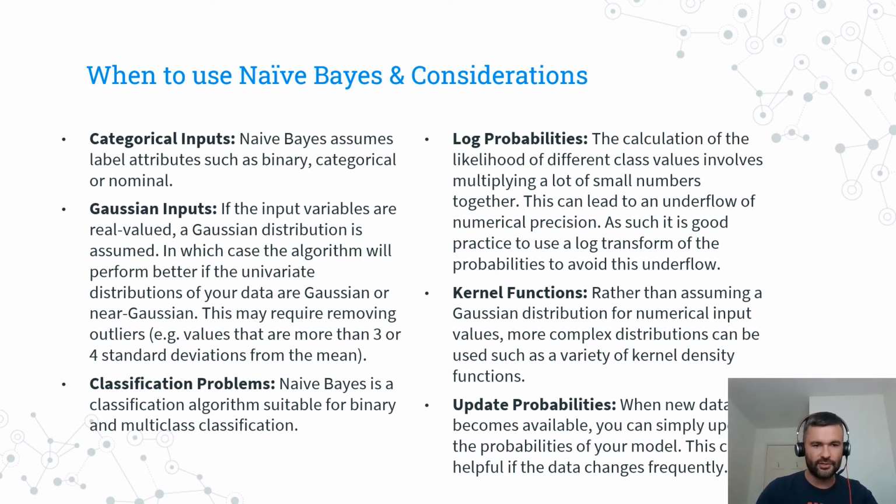The kernel functions: more complex distributions, including various kernel density functions, can be utilized for numerical input values instead of assuming that they will have a Gaussian distribution. And update your probabilities. You can easily adjust your model's probabilities when fresh data becomes available. If your data changes regularly, naive Bayes will be useful.